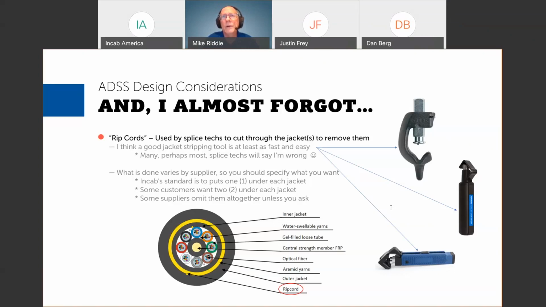And that's why most dead ends are the formed wire type dead end, and they tend to be long, because what you're trying to do is couple the tension that's in the cable to the structure, and you're doing that through the dead end body. And by making the rods long, you make that transition smooth and easy through the jacket. You distribute that transition of tension over a greater distance, and that helps you prevent the jacket from tearing.